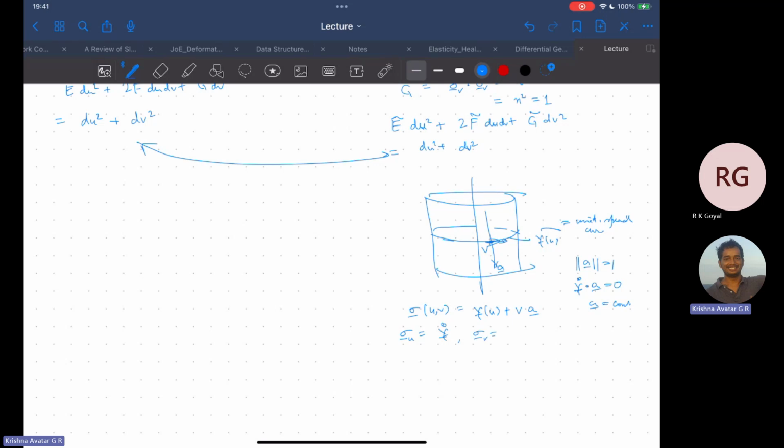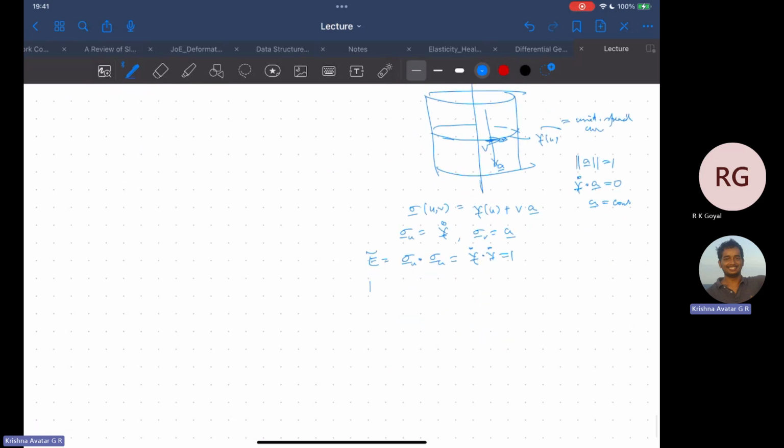So sigma v is equal to just a vector. Now let's do sigma u dot sigma u, which is E tilde. This comes out to be gamma dot gamma dot, which is 1 because gamma is a unit speed curve. And then F tilde is equal to sigma u dot sigma v, and this comes out to be gamma dot dot a vector, and by construction it is 0.